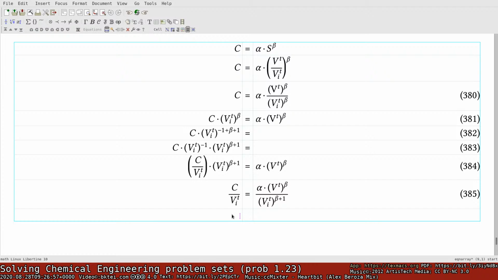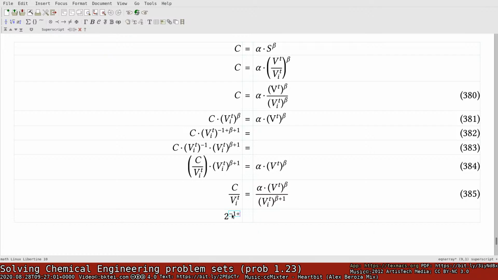Like, for example, if you have 2 raised to the negative 1 plus 5 plus 1, that should be equal to 2 raised to the 5.